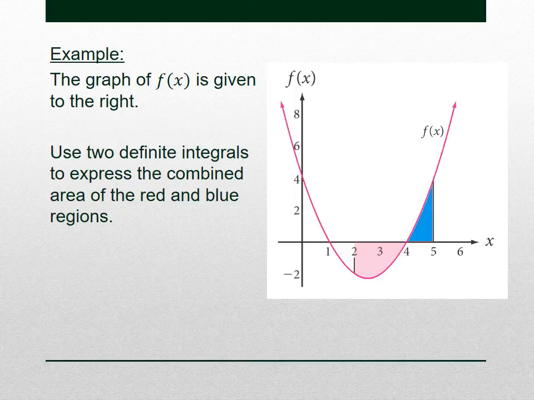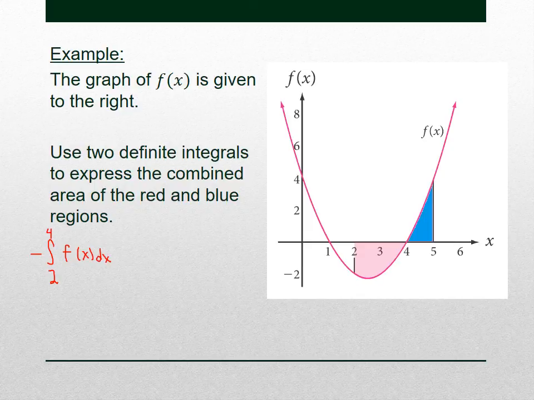Well, remember, for this red region, because it's completely below the x-axis there, I need to take negative the integral from 2 to 4 of f of x, and that will give me the area of that red region as a positive number.